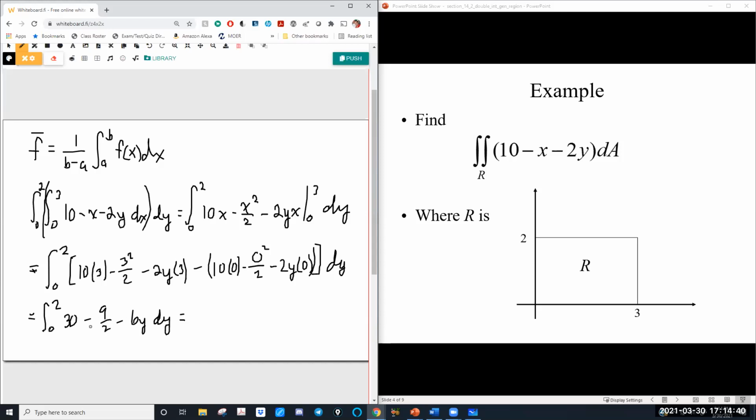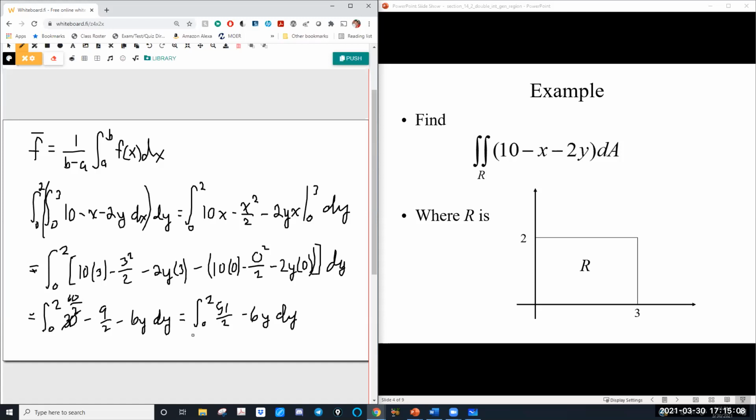We could take the antiderivative now, but I'm going to combine these two constants so I don't have to deal with them. Like I said, I like to simplify as much as possible. So 0 to 2, 30 is basically 60 halves. So 60 halves minus 9 halves gives us 51 halves minus 6y dy.